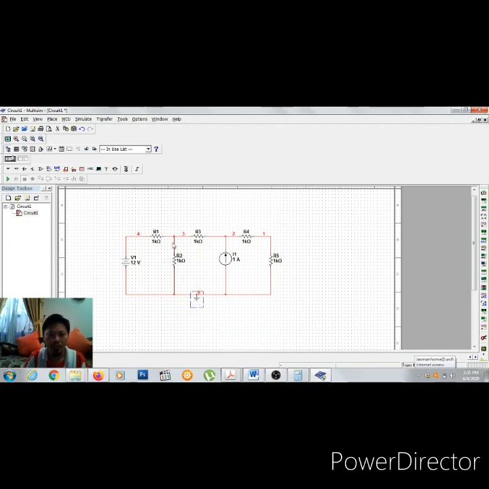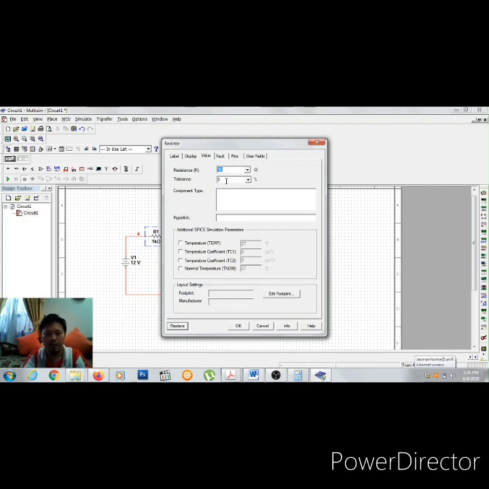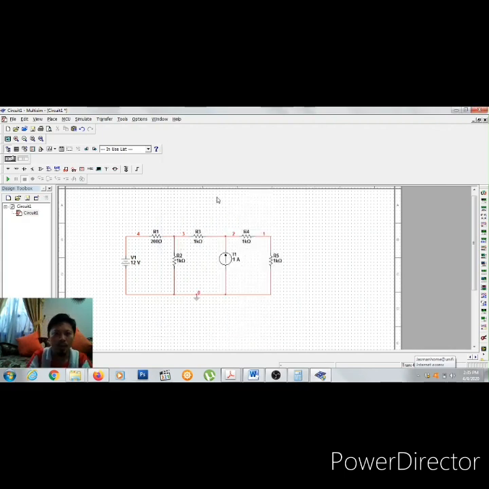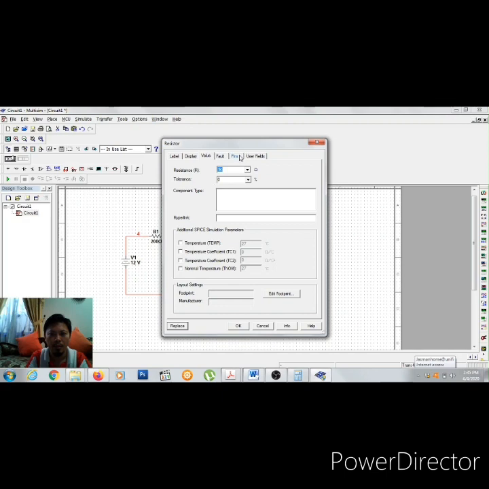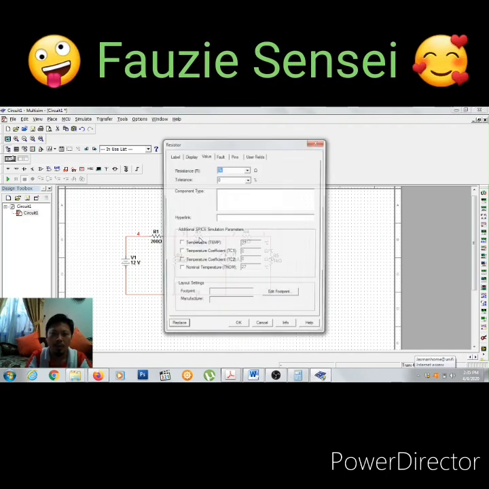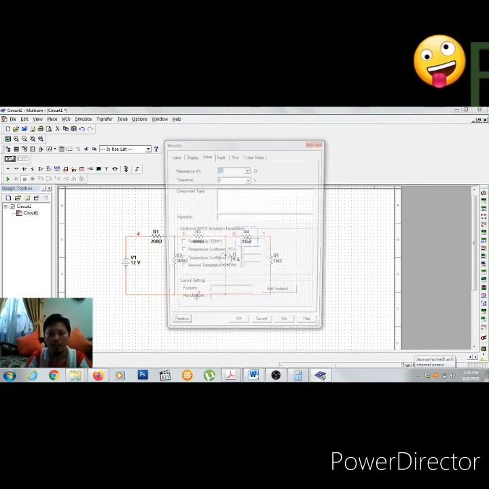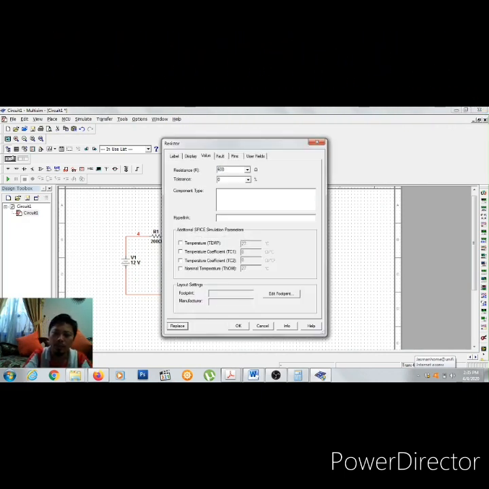Okay. So this question, let's change the value, this one 200 and then this one 300, and as for this one, let's say 400, this one 600, and the last one 800.